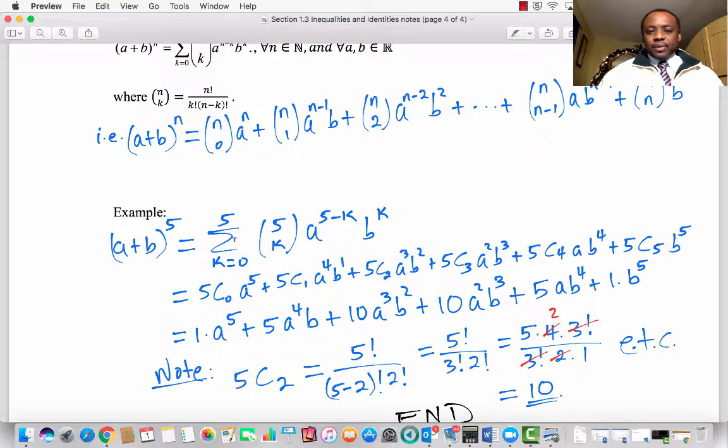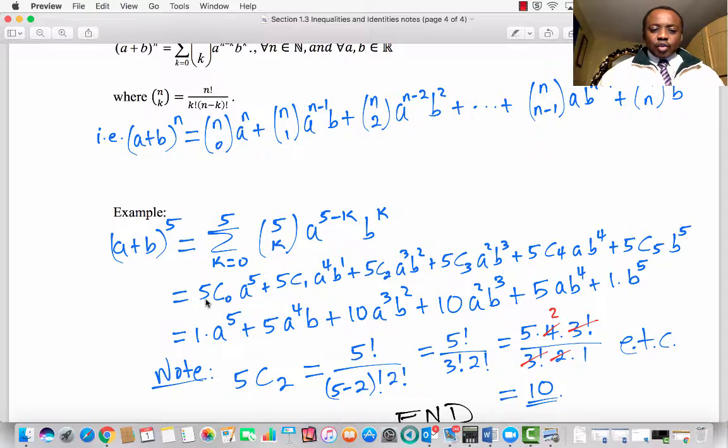Example: a plus b raised to the power 5 equals summation k from 0 to 5, 5 combination k, a to the 5 minus k, b to the k, and I can write that all out as 5 combination 0, a to the 5. I prefer using C because of the word combination.